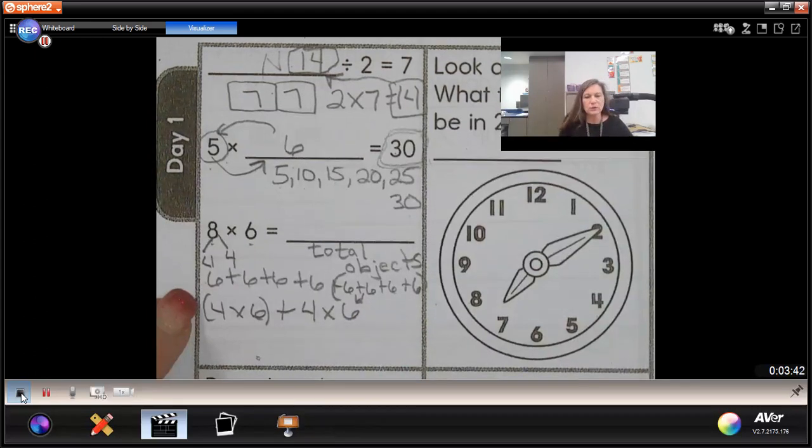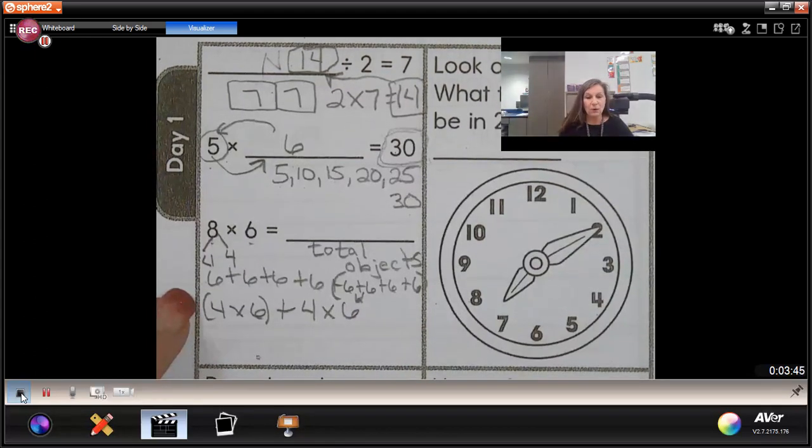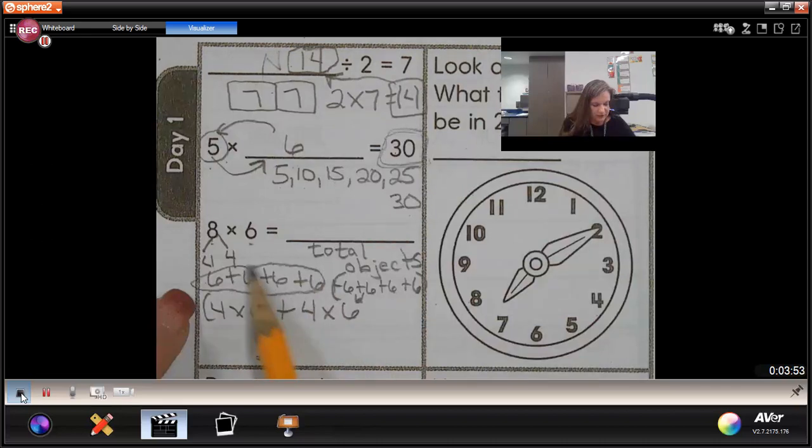And what we're doing is we're using what's called the distributive property, or the break apart strategy, to help us find what 8 times 6 is. So I'm taking these 4 groups of 6, which is 4 times 6, and these other 4 groups of 6, and I'm going to have 4 times 6 and 4 times 6.